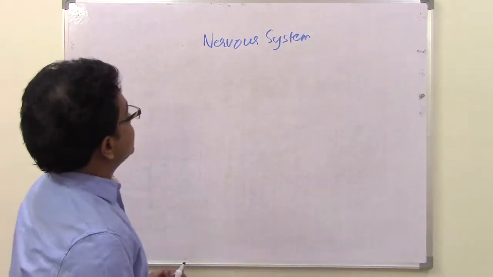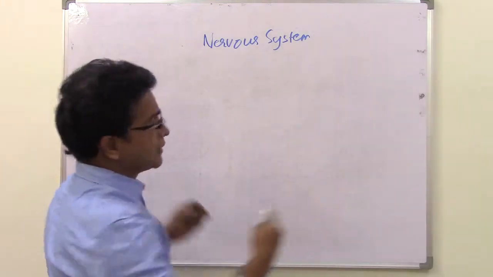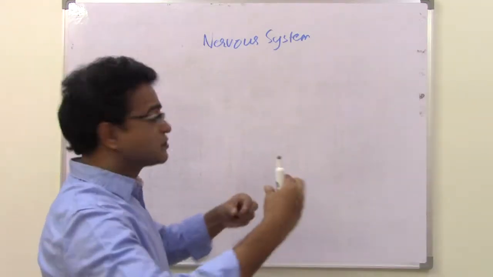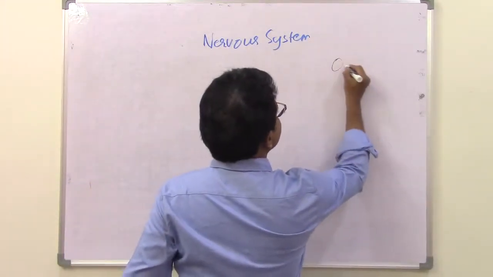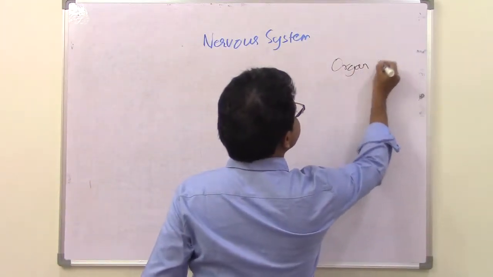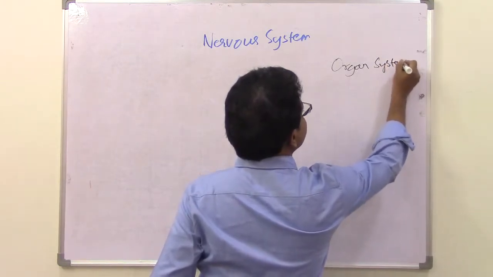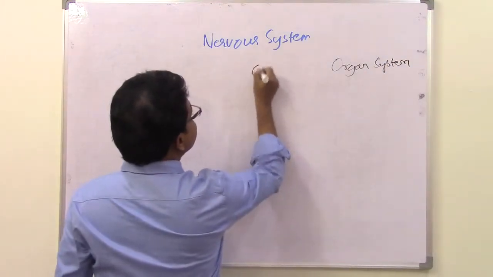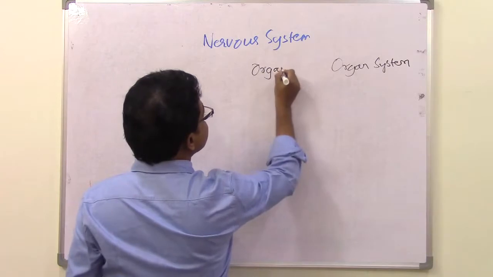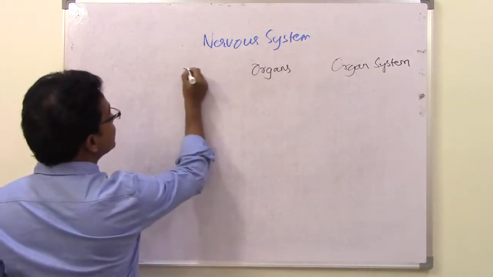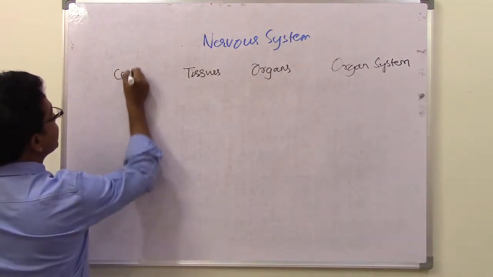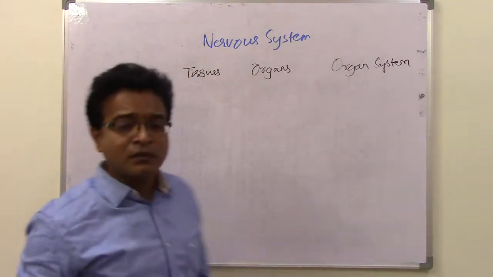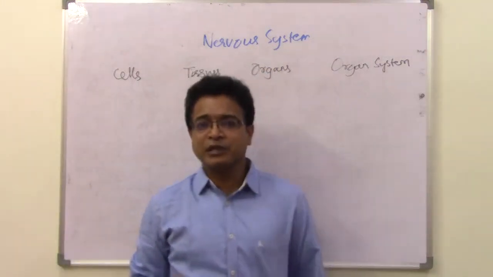If you divide this organ system into its constituents, here is our organ system, that is the nervous system. It is made up of organs, which in turn are made up of tissues, which in turn are made up of cells. Different cells do different functions.